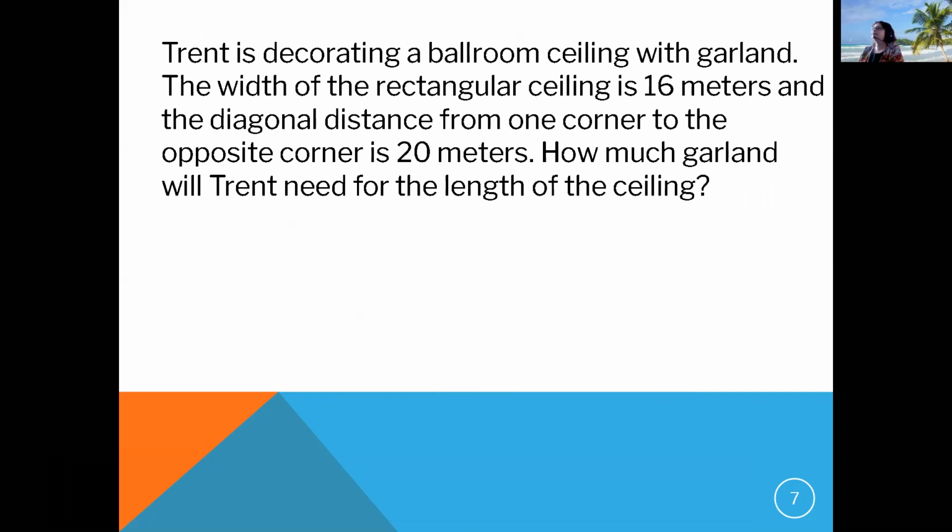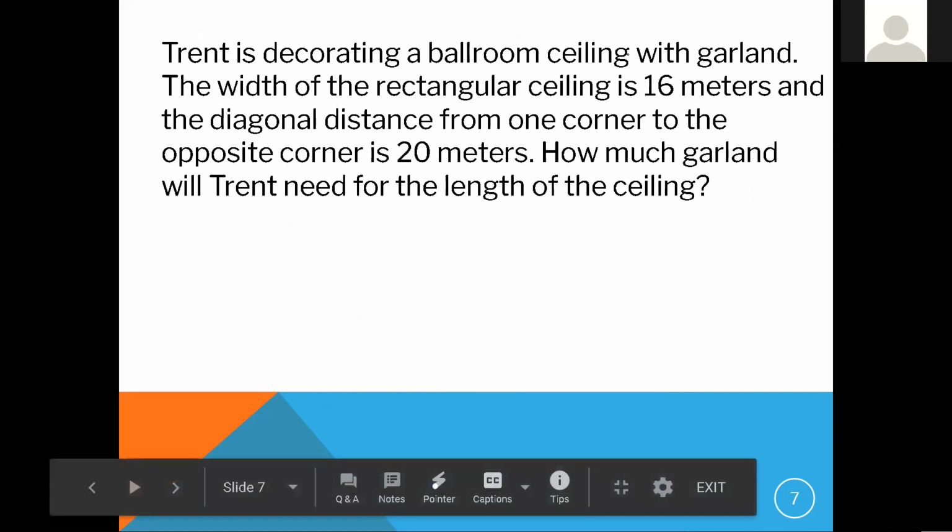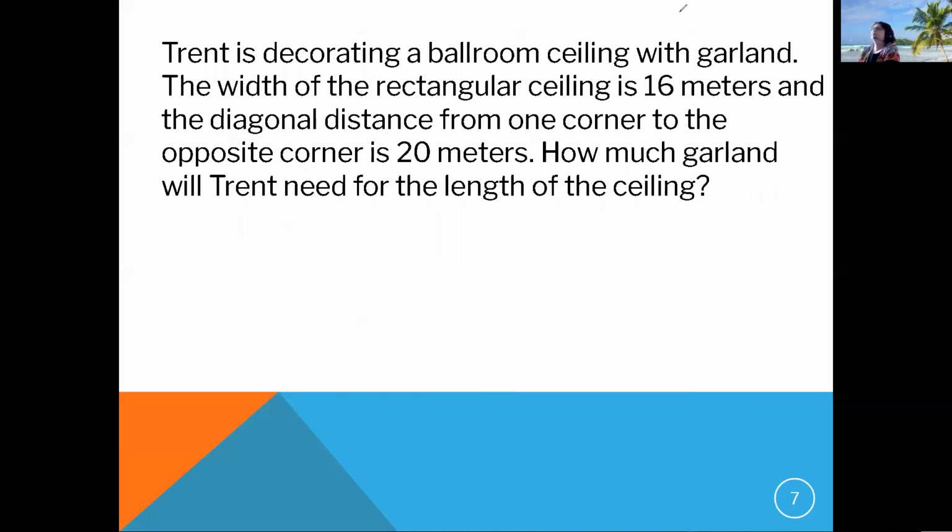Trent is decorating a ballroom ceiling with garland. Like for Christmas or something, right? The width of a rectangular ceiling. What word did they use right there? What shape? Rectangular, right?